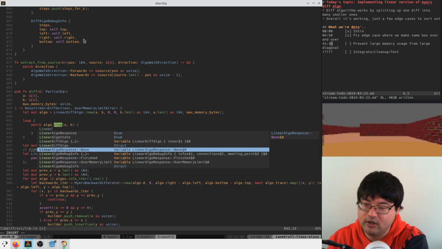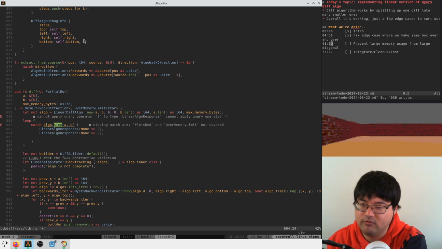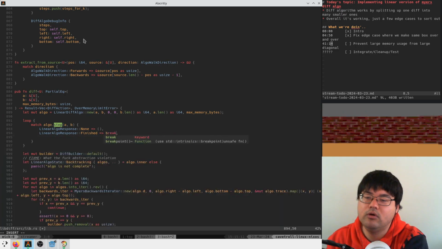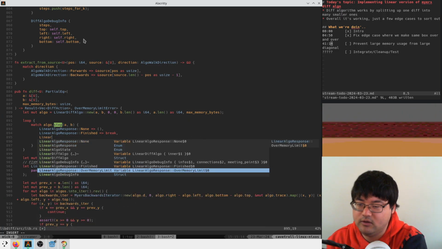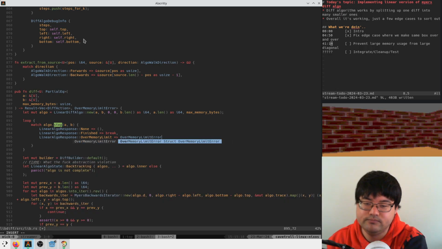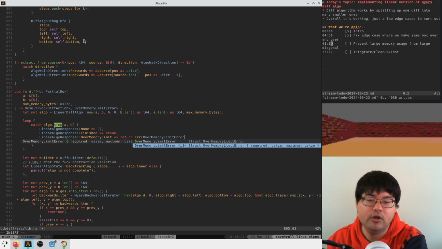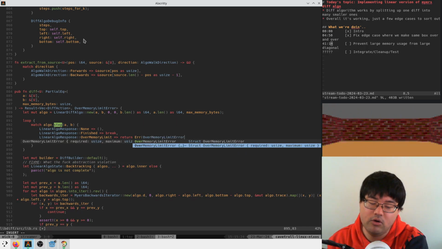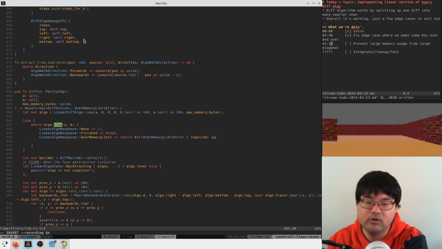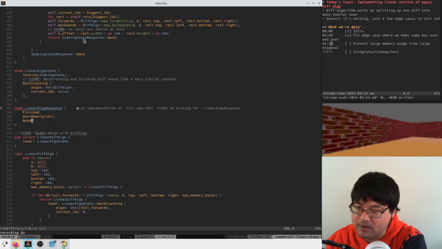And if we see linear algo response none, we do nothing. If we see finished, we break. And if we see over memory limit, we return over memory limit error. Oh, and he needs to know the required and maximum. So this is unknown. So I guess we need to propagate that info.